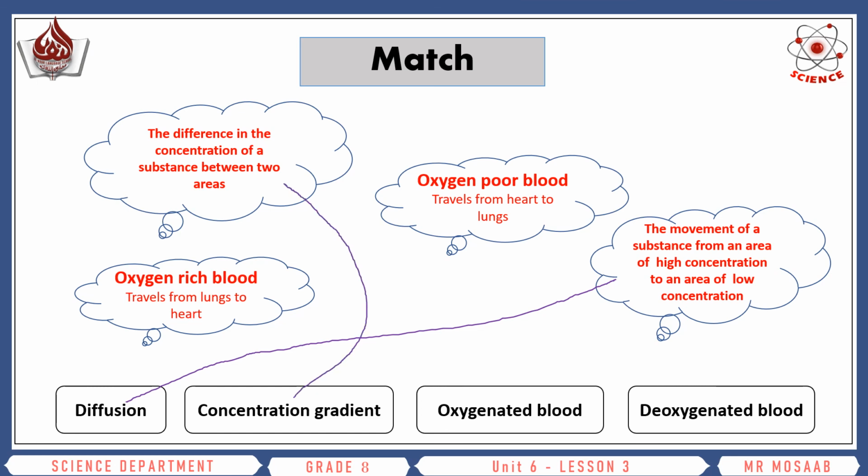Exactly, the difference in concentration between two areas. Oxygenated blood means oxygen-rich blood. What about deoxygenated blood? It means oxygen-poor blood. Oxygen-rich blood travels from the lungs to the heart, and oxygen-poor blood travels from the heart to the lungs.